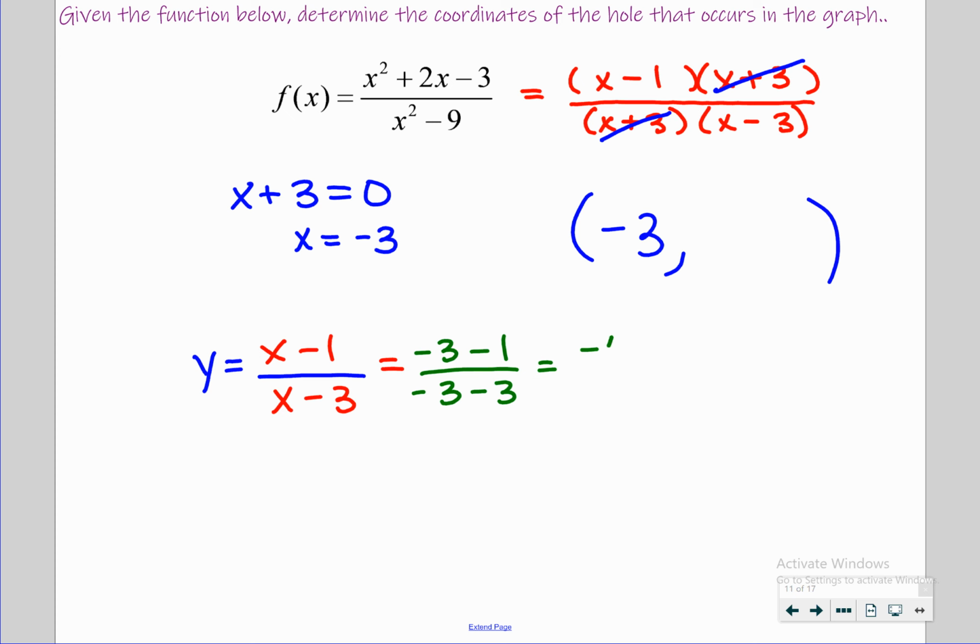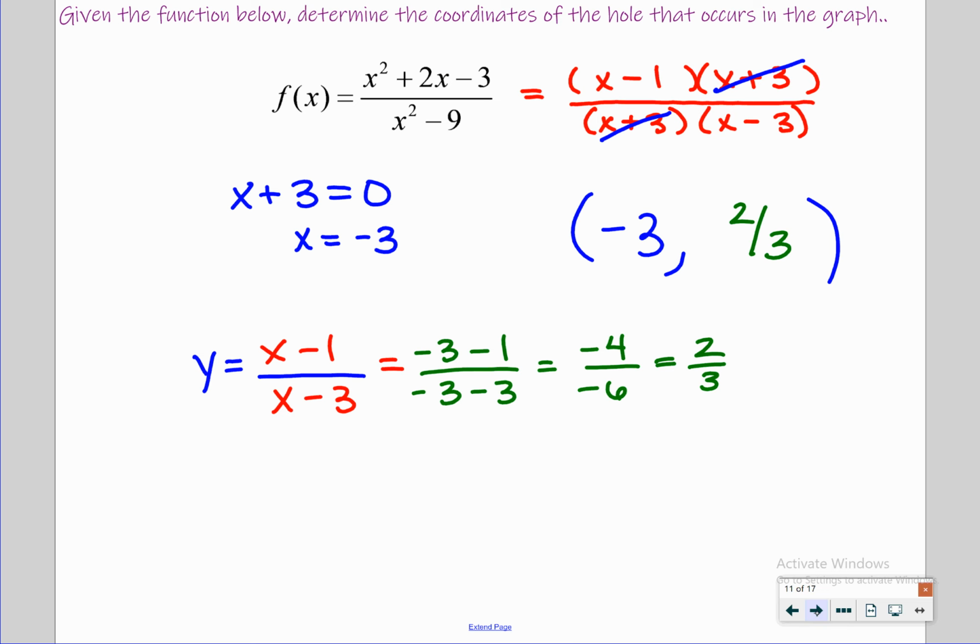So on top, I'm going to get a -4. On the bottom, I'm going to get a -6, which is going to reduce to 2/3. Okay, again, if you plug it in the original equation, you know you're not supposed to do that because it's going to give you an error. Okay, questions finding the coordinates of a hole in the graph.